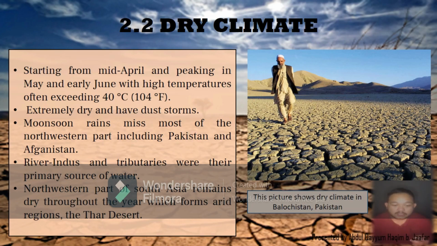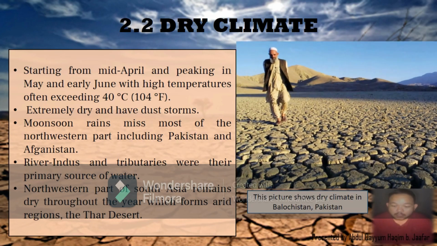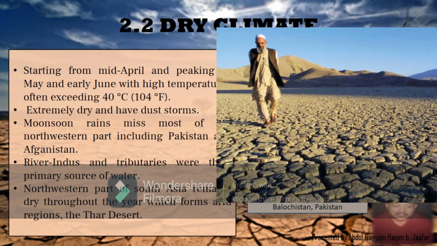The Indus River and its tributaries are their primary source of water. The northwestern part of South Asia remains dry throughout the year, which forms an arid region, the Thar Desert. As you can see in this picture, it shows dry climate in Balochistan, Pakistan.